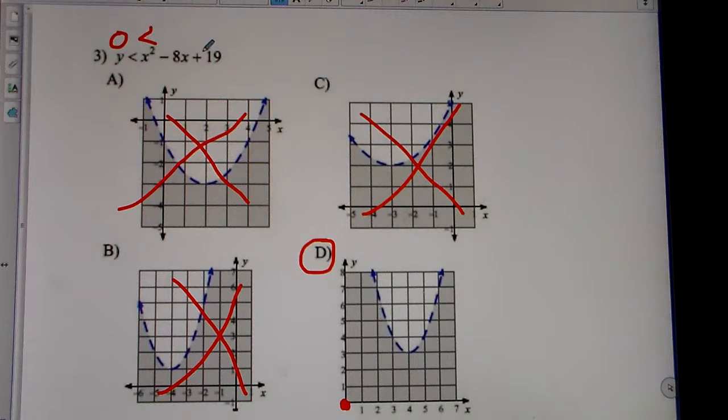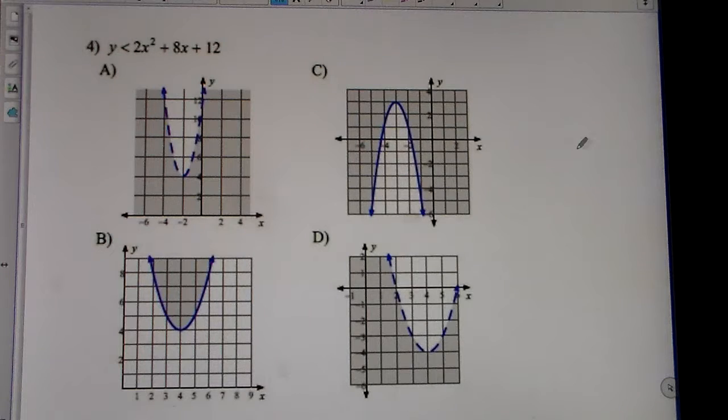So 0 is less than 19. That is a true statement. Because it's a true statement, that means that 0, 0 point does deserve to be shaded. So that's why it's in the shaded region. And that's why we shade outside that parabola.